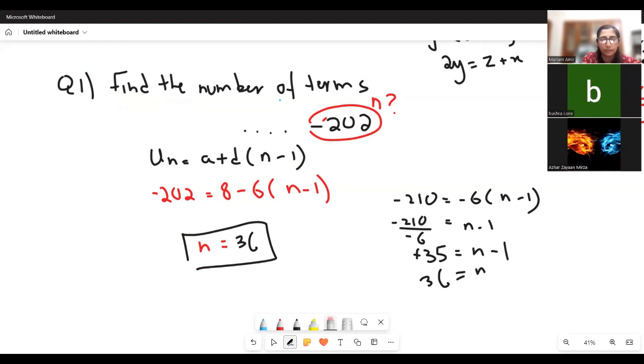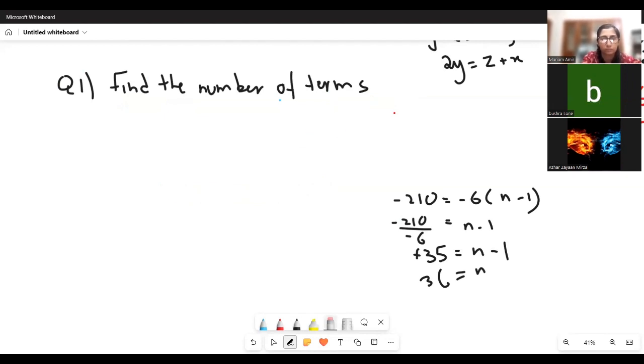Okay. Part C, same question. The first term is 3x, the second term is 7x, the next term is 11x, and the last term is 43x.